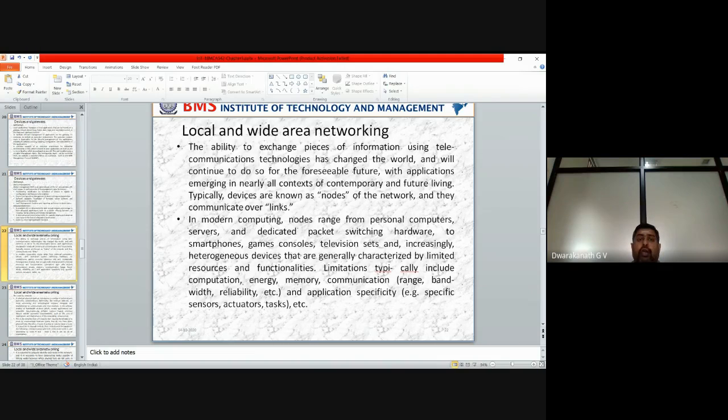Why? Because connectivity plays a very important role. Whatever sophisticated sensors and actuators you are using, and even if your board is very good and you wrote excellent code, and it's working, everything is there, the main objective is that the data should be transferred to the backend servers.